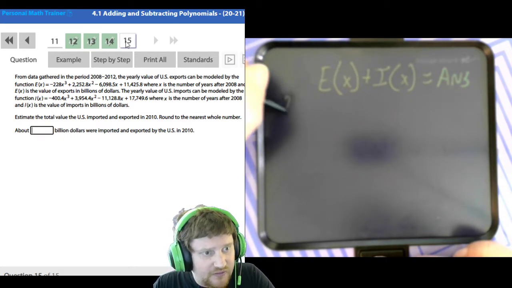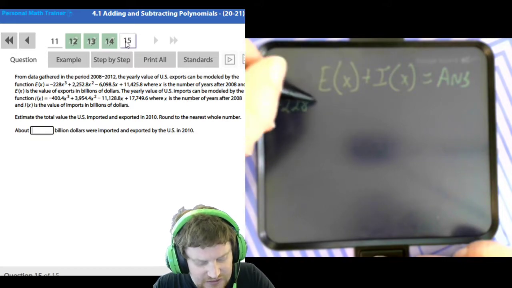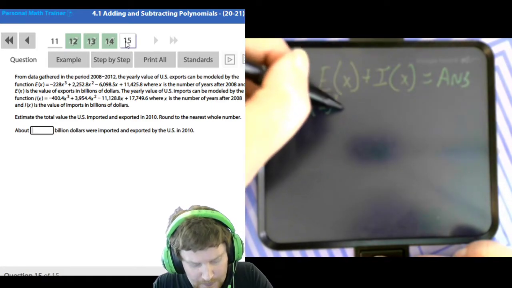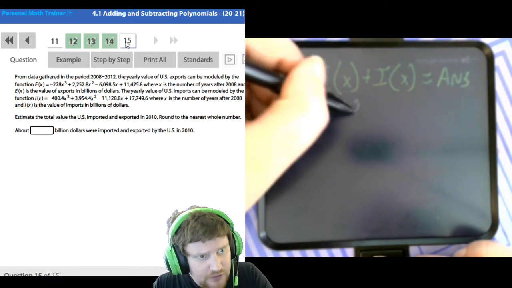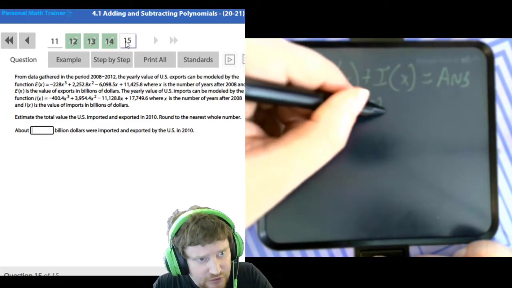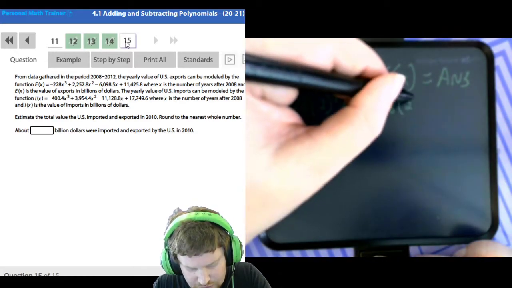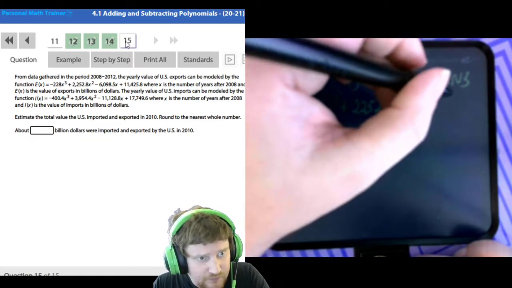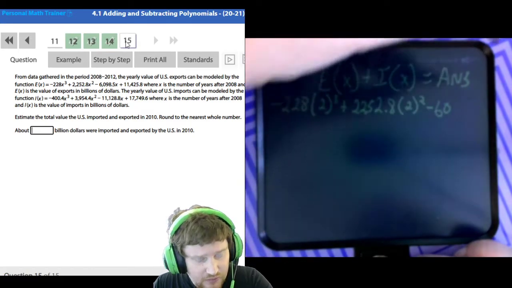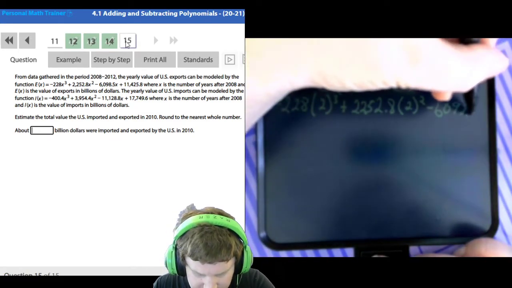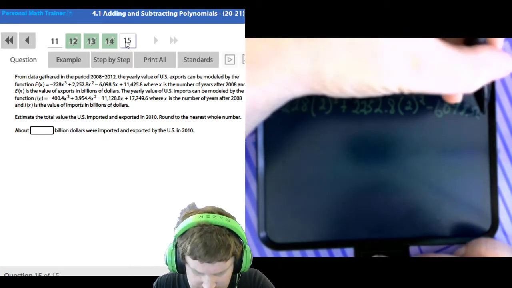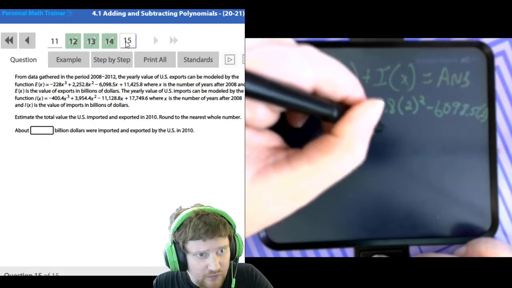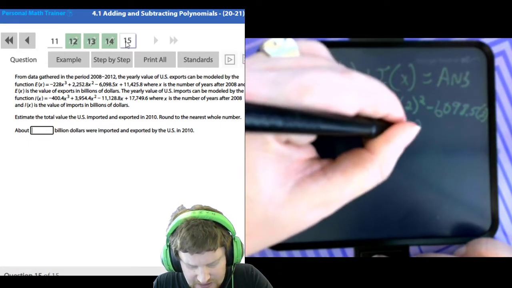This is something that you could just plug in as a single string to a calculator. We have negative 228 times 2 cubed plus 2252.8 times 2 squared minus 6098.5 times 2 plus 11425.8.